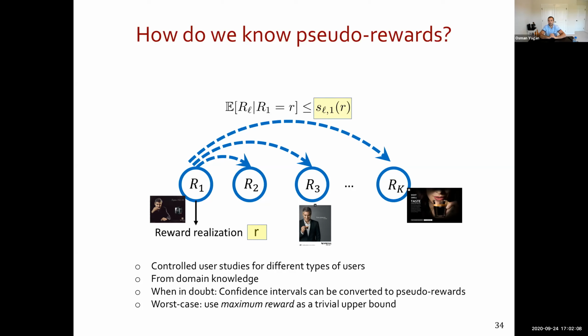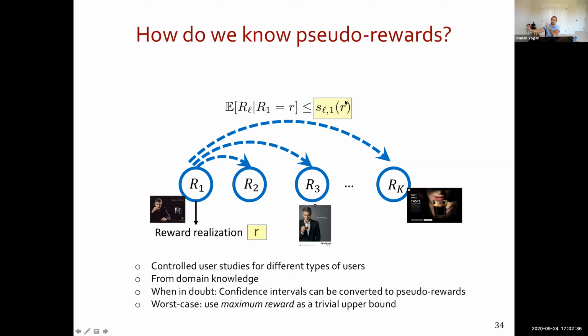So that's the setting, and we call these upper bounds pseudo rewards. And the argument throughout the algorithm and the discussion will be: if I give the user this ad and I specifically observe a reward, let's say R1, I would treat this as if I have pulled every single one of these other arms as well, and my rewards have been like this.